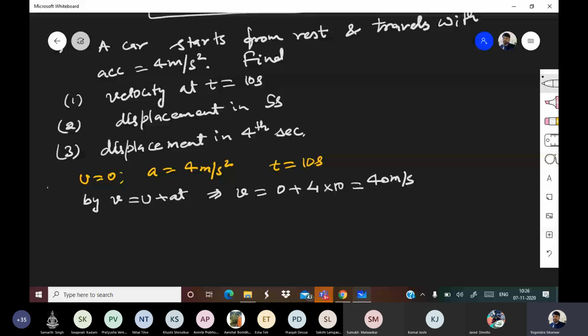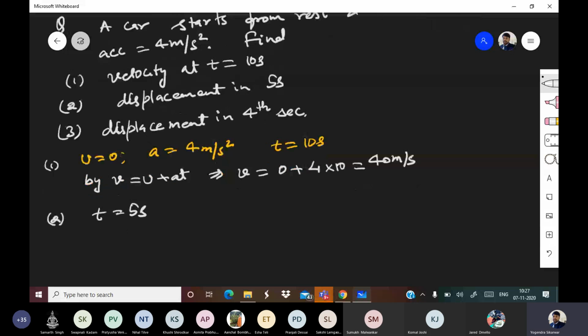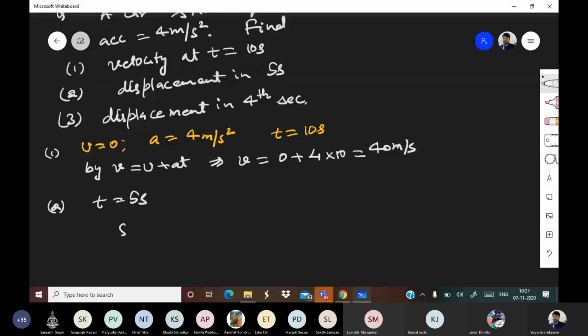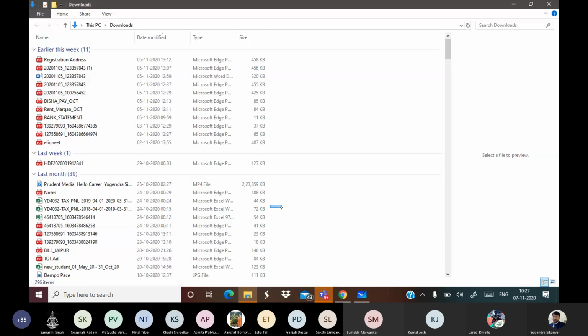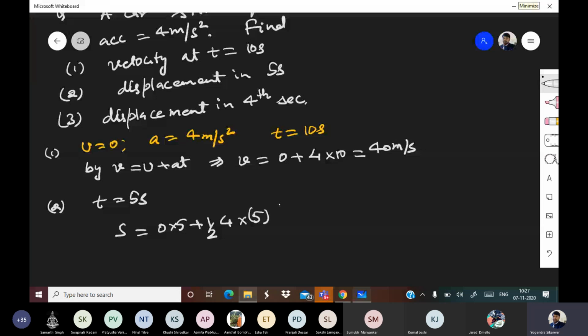So that is the first part. For the second part, t is equal to 5, and we need to find displacement. So s is equal to ut, 0 into 5, plus half into a, which is 4, into 5 square. 5 square is 25, 25 into 2 will be 50 meters.